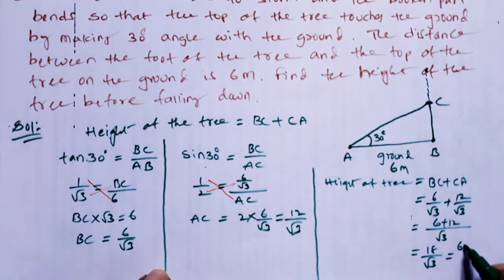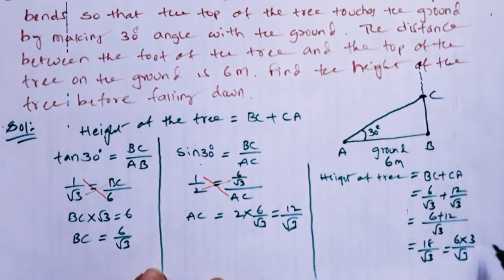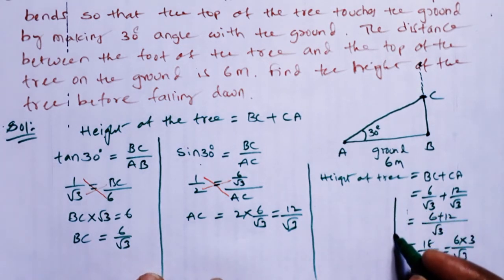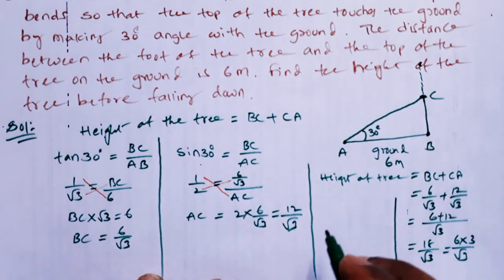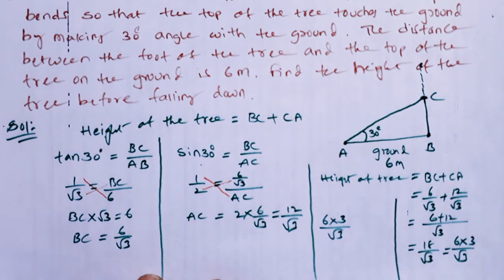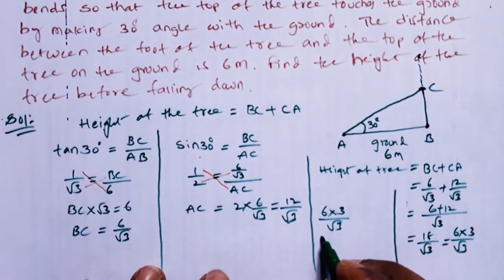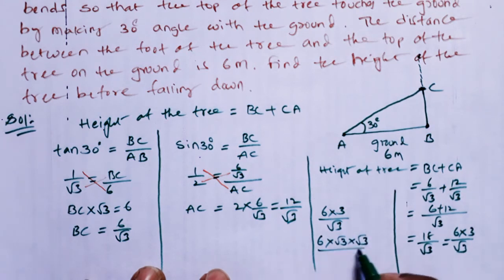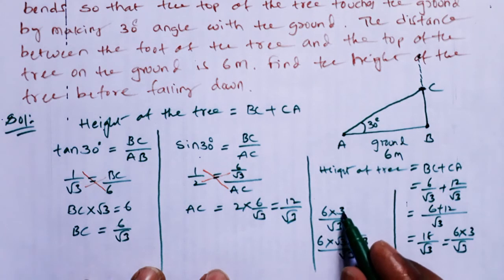18 is written as 6 into 3 by root 3. I will write the simplification here. 3 we can write as root 3 into root 3, and the same answer we get.